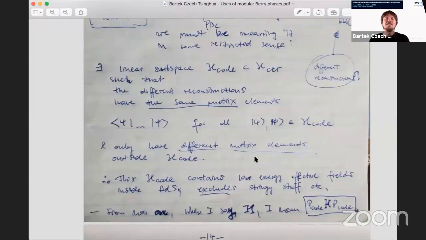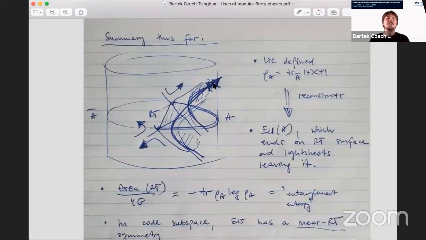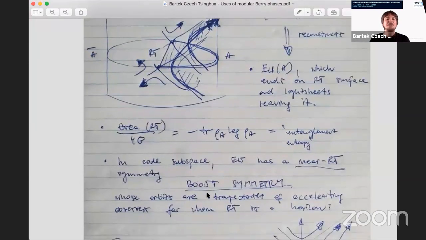There is just the same type of symmetry over here, which allows me to follow these accelerating observers' trajectories. And so I can view the trajectories of the accelerating observers as orbits of a symmetry. What is that symmetry? It's a local boost symmetry. And like I said, further away from the RT surface, I no longer have this symmetry, but close enough to the RT surface, I do.